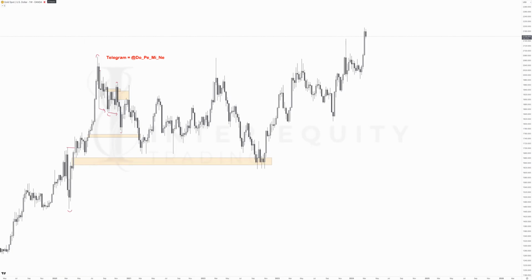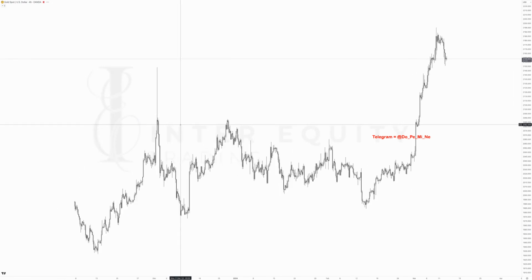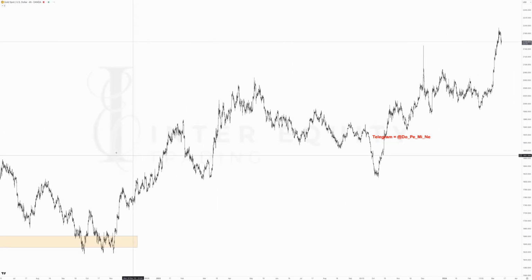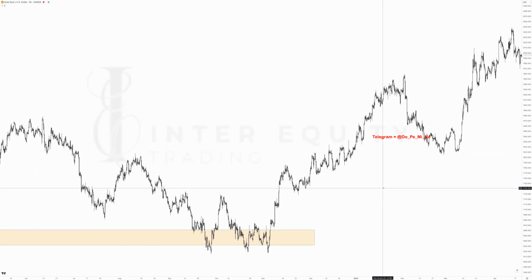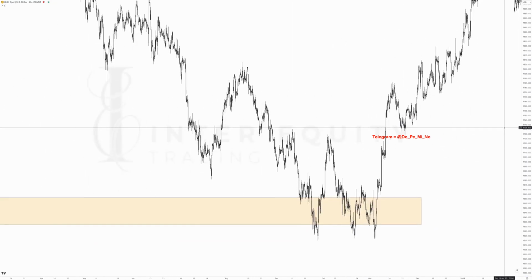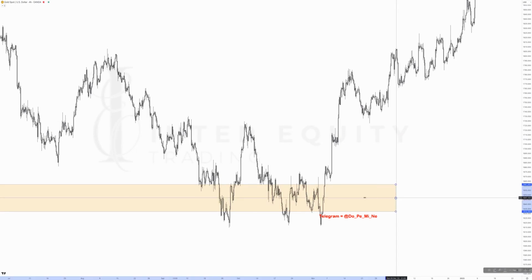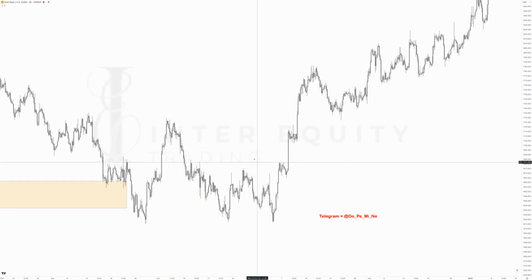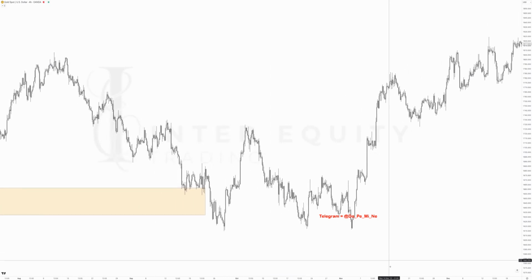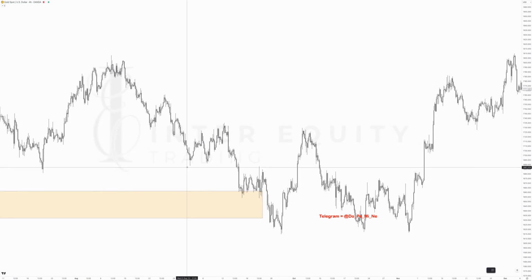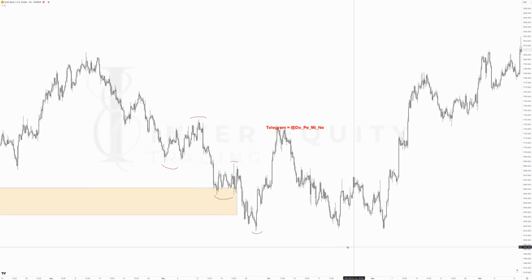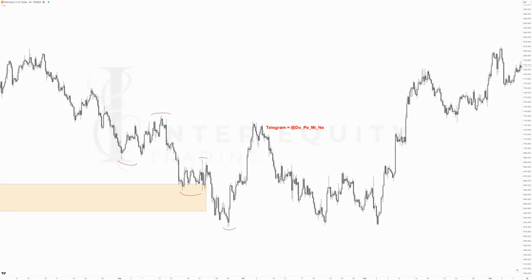on the weekly. And then on the 4 hour, you can see that the market actually, after filling this imbalance right here, moves to the upside, breaking this structure right here, right? So actually, let me mark it out. Lower low, lower high, lower low, lower high, and lower low. Okay? So what happens? The market breaks this structure right here.